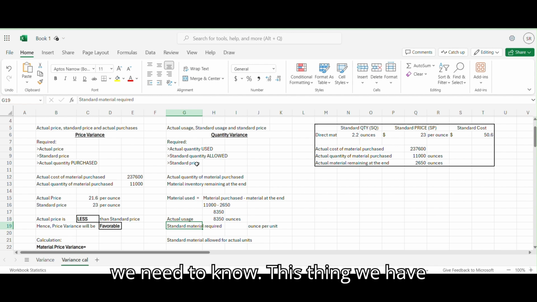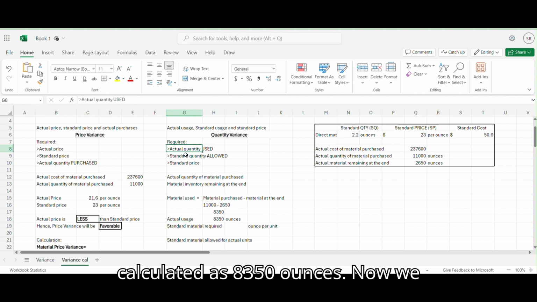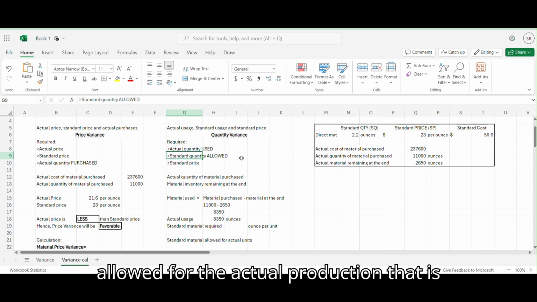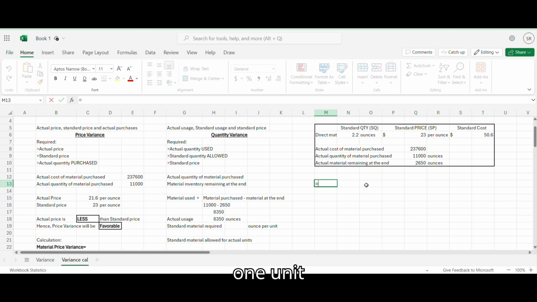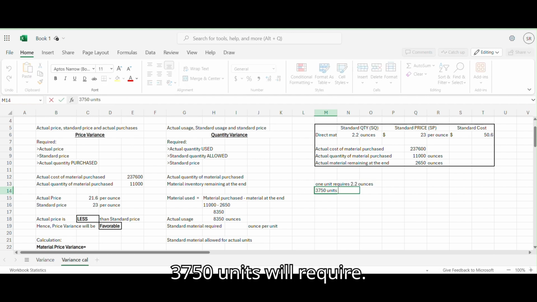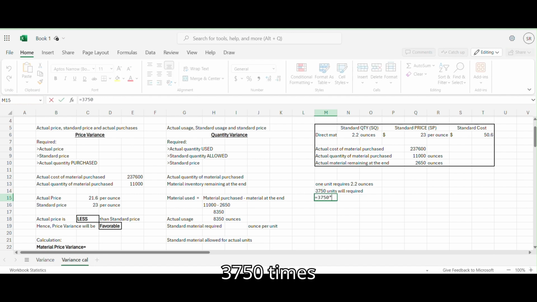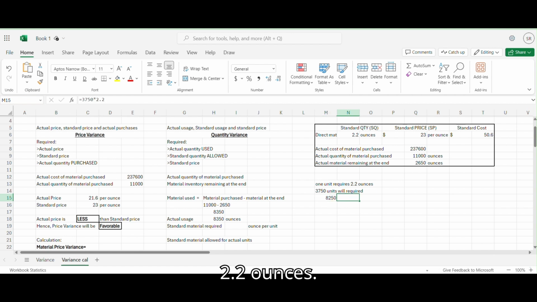Now we have calculated 8,350 ounces. Now we need to know the standard quantity allowed for the actual production, that is 3,750 units. So 1 unit requires 2.2 ounces. 3,750 units will require 3,750 times 2.2, which is 8,250 ounces.